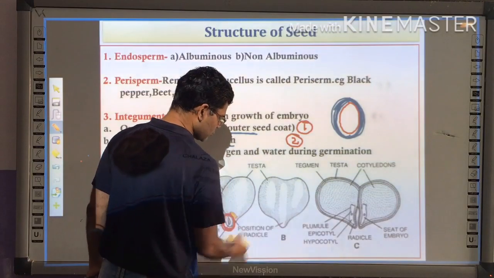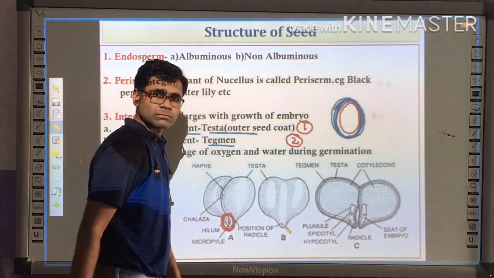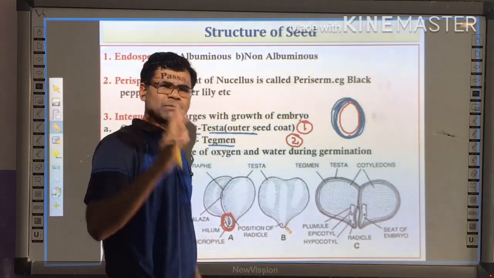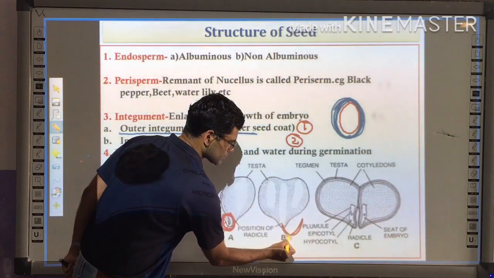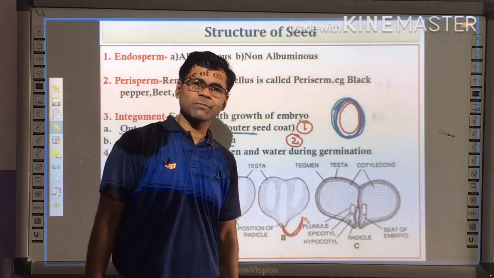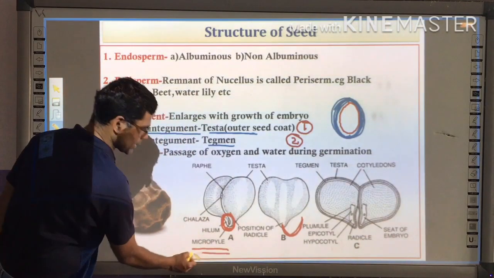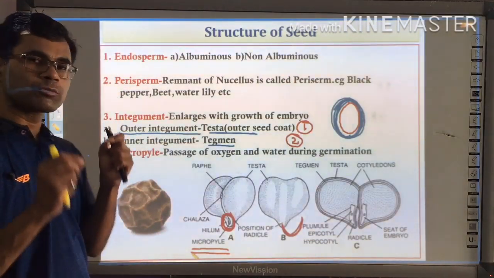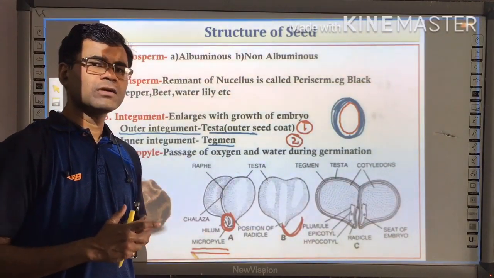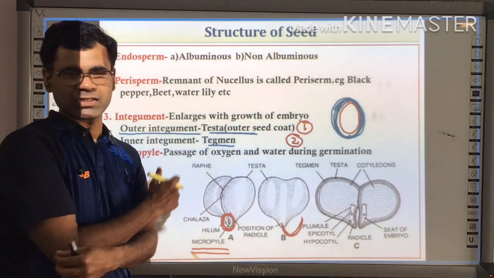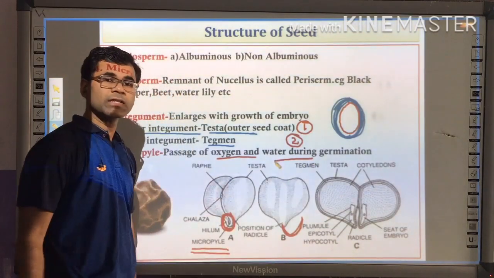This protrusion is called the hilum. The sprouting of a gram seed always takes place from here only. Why so? Because there is a small opening called the micropyle. The micropyle acts as a site for gaseous exchange and water exchange, helpful for the passage of oxygen and water during germination.